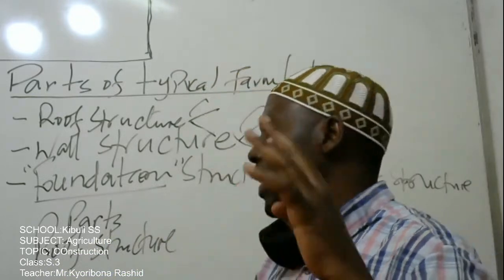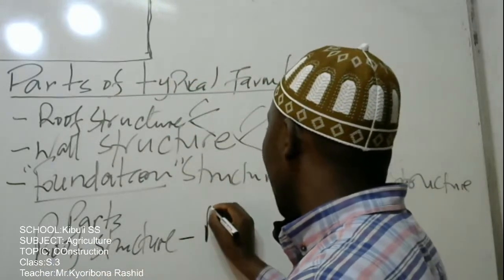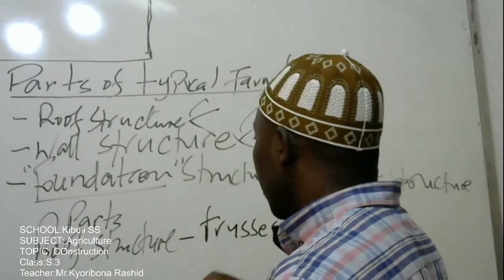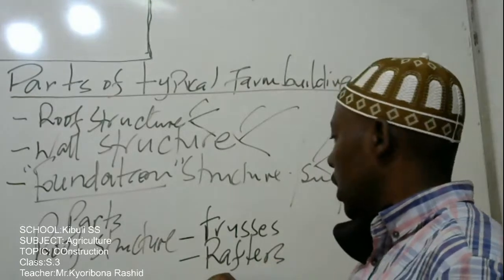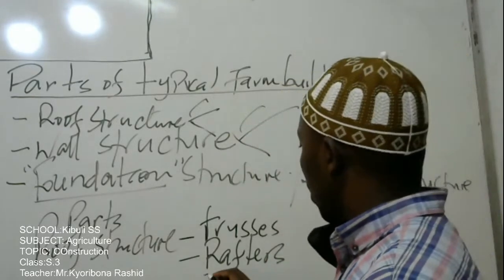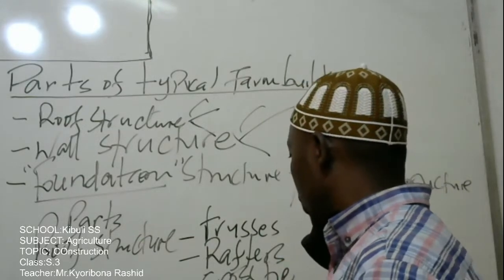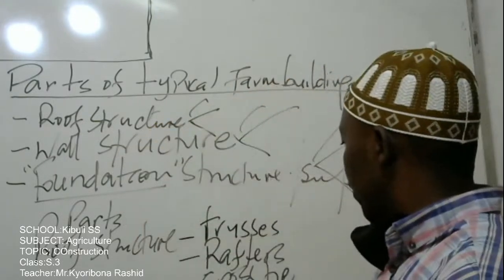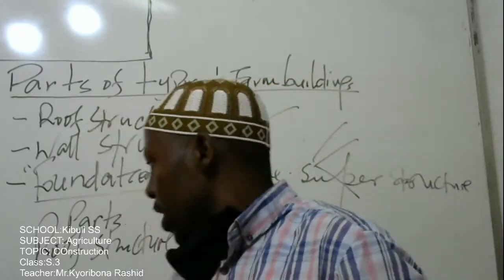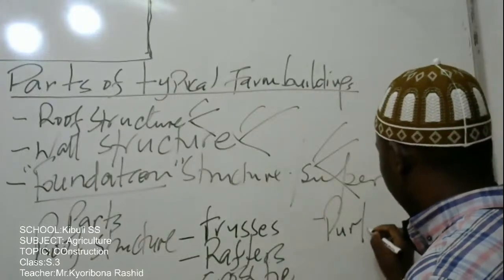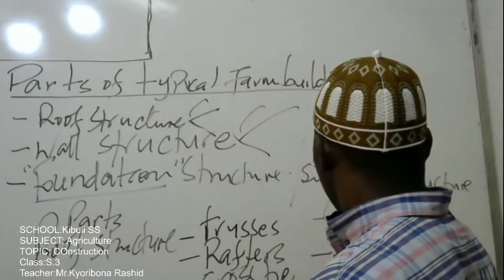You realize that there are several parts on the roof, ranging from the trusses, rafters, the cross tie, the tie, and the struts. The struts support the ties. We have the purlins. We also have the ridge or the apex.